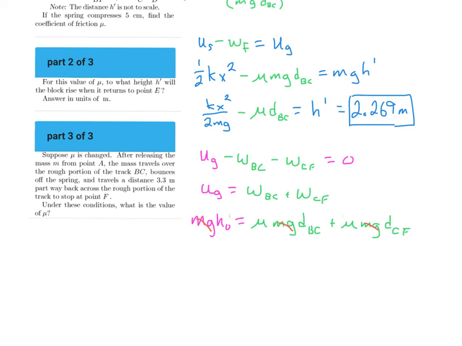So let's rewrite that a little bit cleaner. The original height is equal to the coefficient times the distance from B to C plus the coefficient times the distance from C to F. Now we have a commonality on the right side, so we can factor out mu.